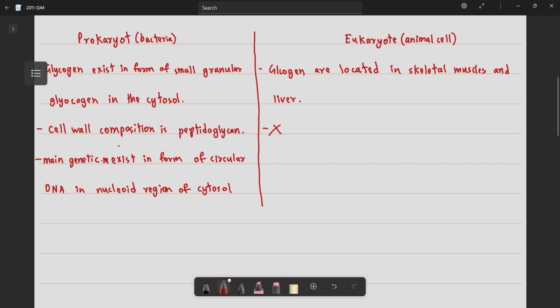But as I've mentioned, prokaryotics do not have any membrane-bound organelles, so it does not have any sort of nucleus that encloses this genetic material. So it just basically means the spot where you find this genetic material, that spot is called nuclear region in the cytosol. So it's just free floating around the cytoplasm.